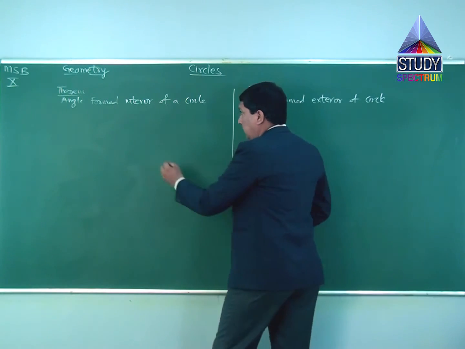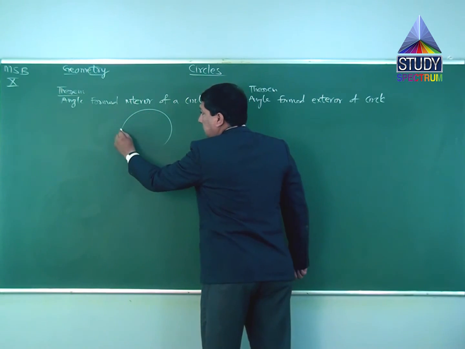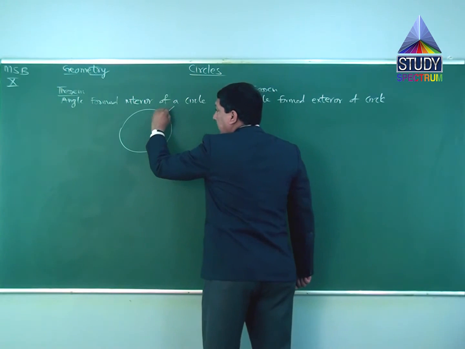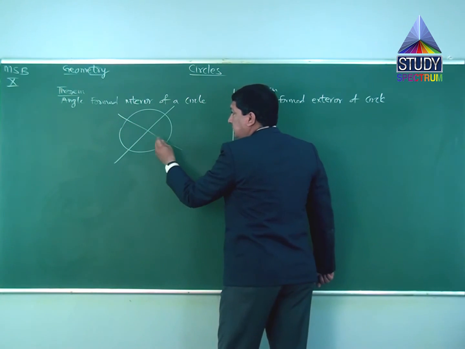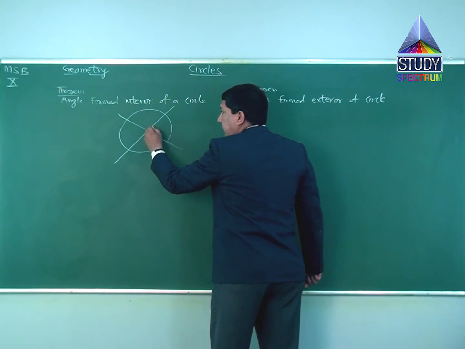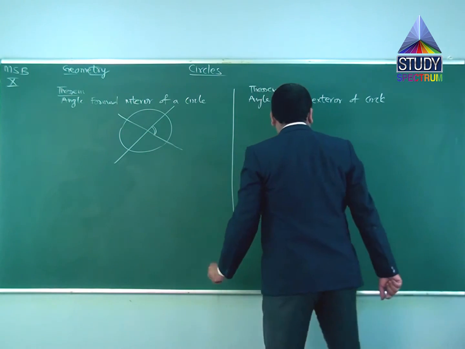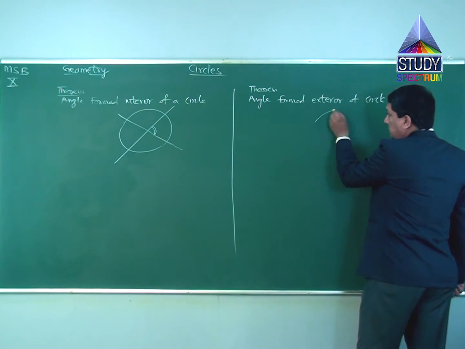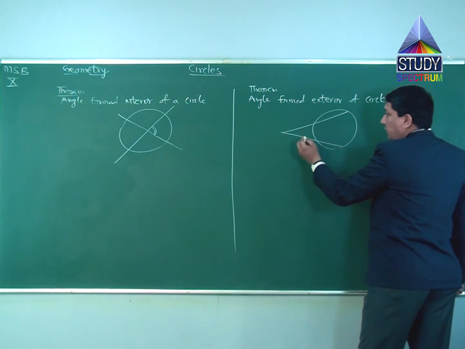Take two cases. In this case, this is the angle which is formed interior of the circle. In this case, angle formed exterior of the circle.